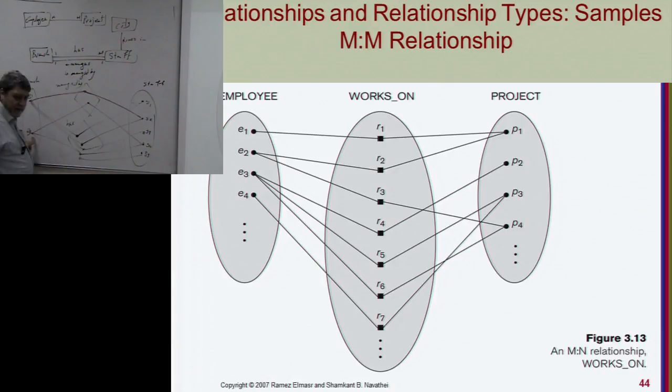Here is the branch. Let's look at has. The branch has many staff, right? The same branch has many staff. How can you read it? Branch has many staff. And the staff works for one branch. So this gives you an indication of where to write the symbol.